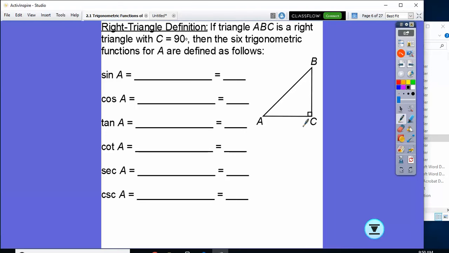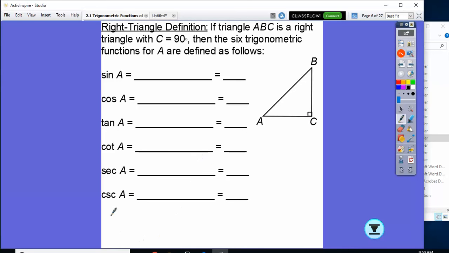When I'm looking at this, the angle matters. So I told you before, if you had sine, I wanted you to write sine of theta, cosine theta. I didn't want just sine equals something. Because if I'm looking in this picture, sine from angle A is different than sine from angle B. So the angle matters.